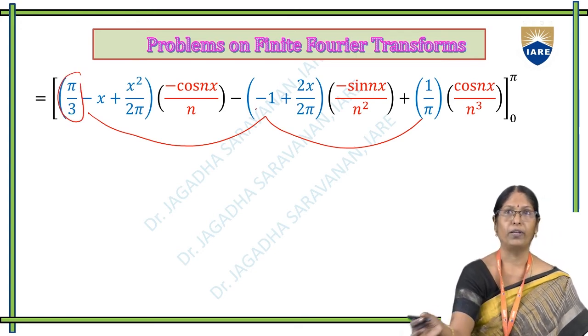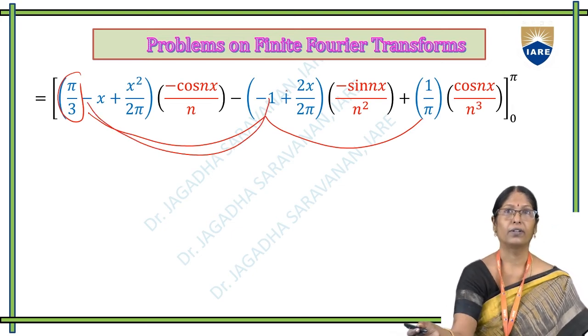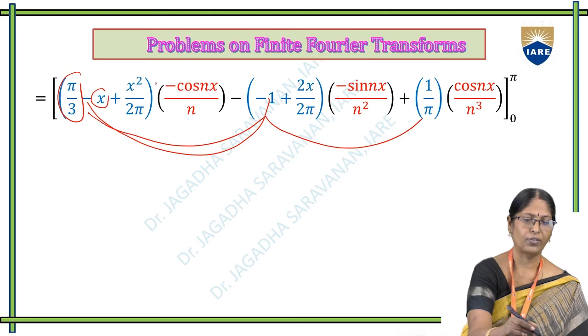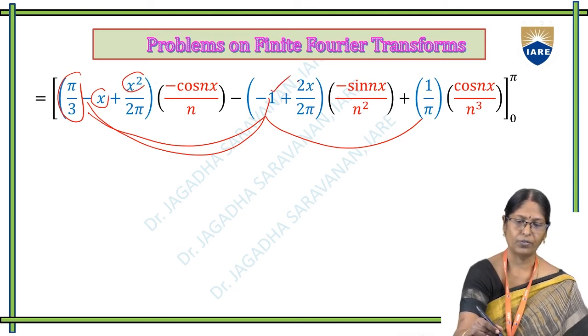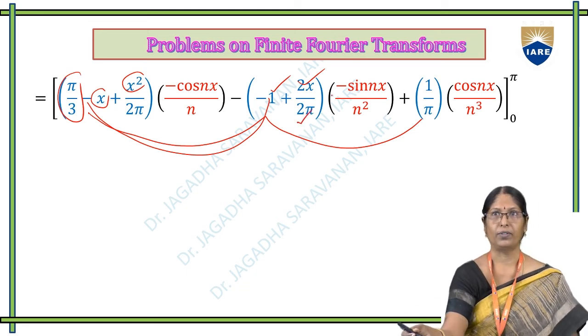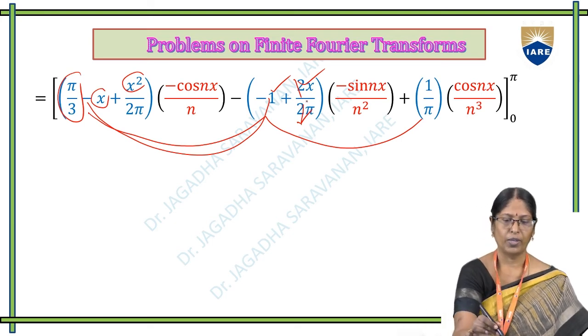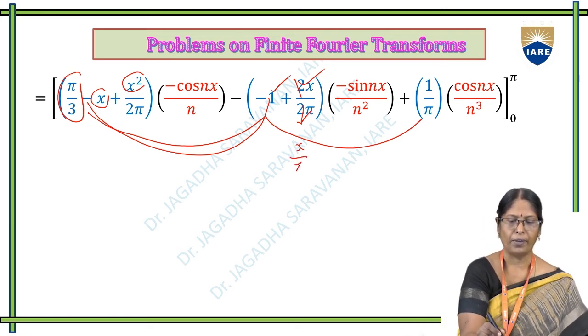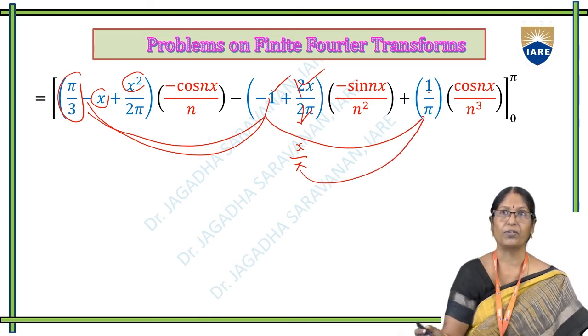Minus, as it is, the differentiation of x is 1. The differentiation of x square is 2x, with the 2 pi as it is, and the 2 we will cancel. So here x by pi, where pi is as it is and the differentiation of x is 1.